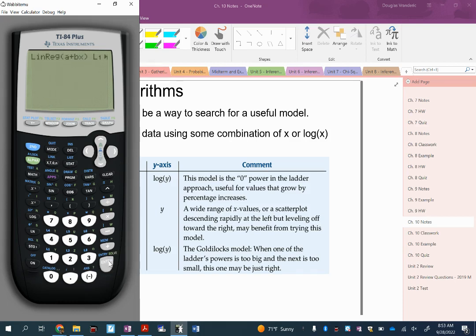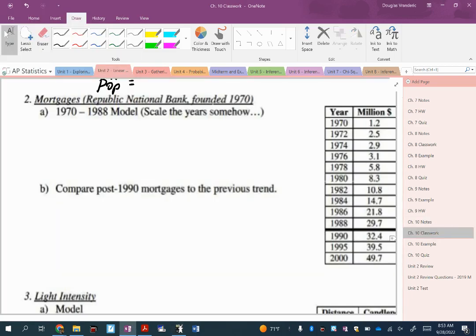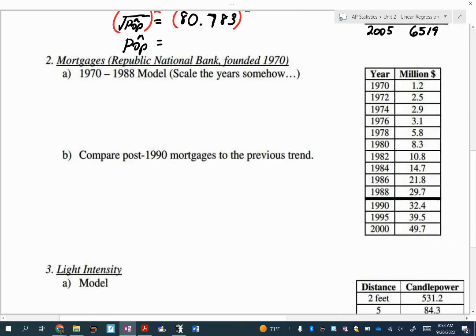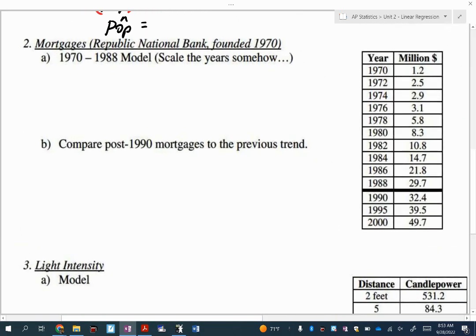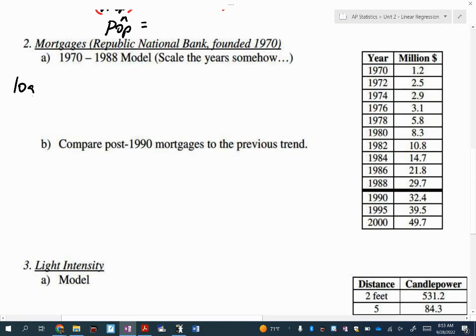All right, now as I mentioned in the first example, we ended up deciding on a re-expression. So when I write down my model, I'm not going to be writing down just mortgages hat. It's the log of mortgages hat because we decided on taking the log.